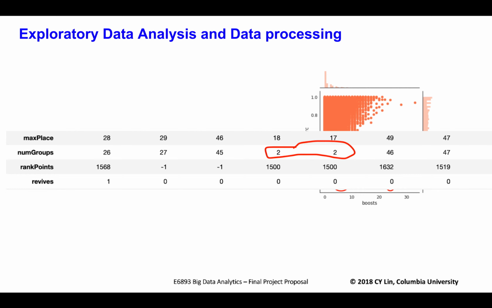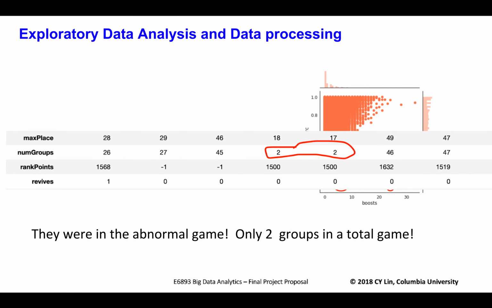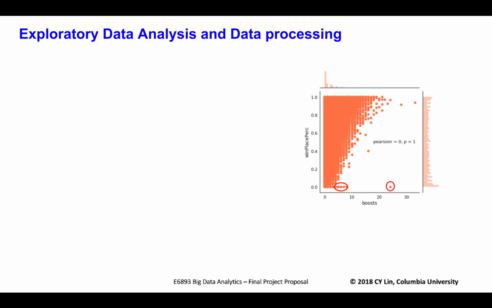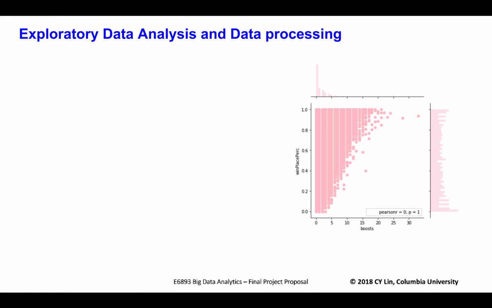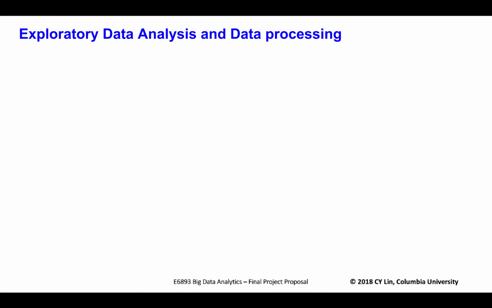We searched the whole dataset and found this is because the number of groups is just 2. So this is definitely an abnormal game. So we need to delete all the games where the number of groups is less than 10. And after the data cleaning, the result becomes much cleaner than before.